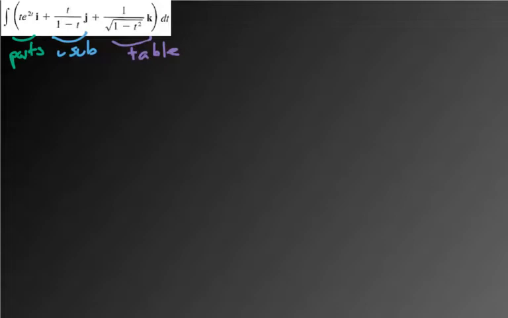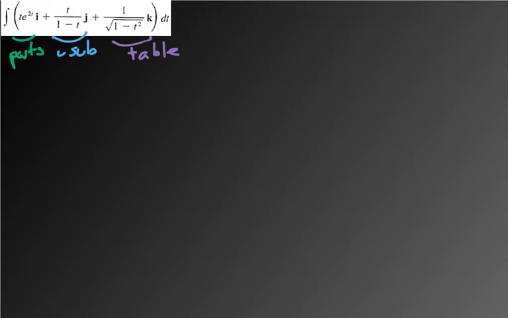So for the parts problem, if you're doing the integral of this part right here, it's parts because I'm looking to see if the derivative of either function in here shows up somewhere. The derivative of t is 1, so it's kind of in there, but trivially, and the derivative of e to the 2t is definitely not in there.